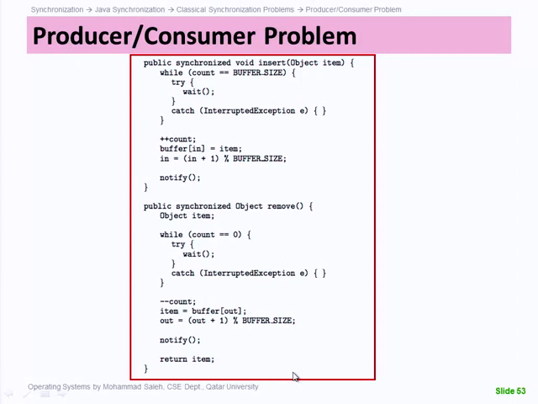Now the logic of insert: a producer can insert only if the buffer is not full. So that's why we have the condition there. While count equals buffer size, then you can't insert. And in that case, you do what? Wait. Wait means block yourself.